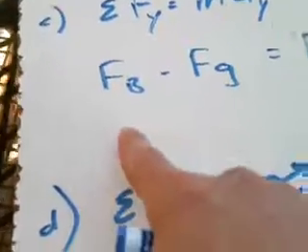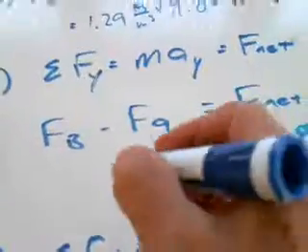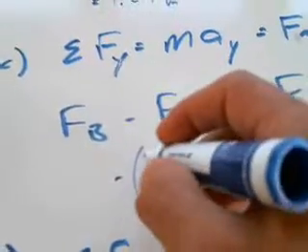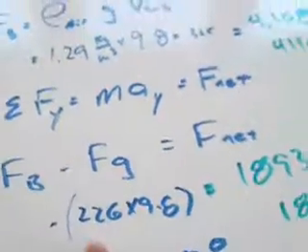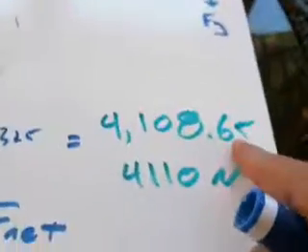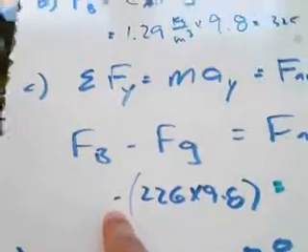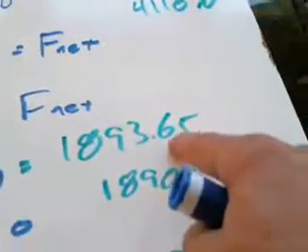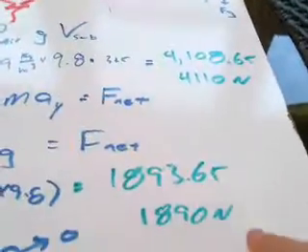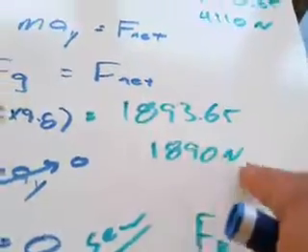If the answer is still in your calculator, all you have to do is push the minus button: answer minus, in parentheses, 226 times 9.8. That will get you 1,893.65. Again, we don't need that many digits. We're only given 3 in the first place, so 1890.